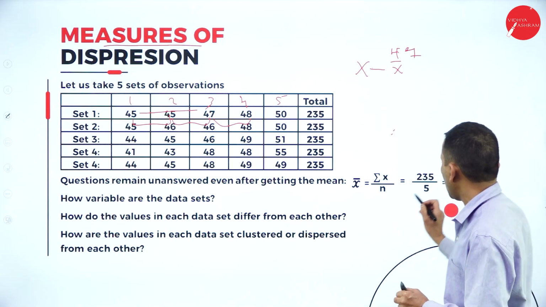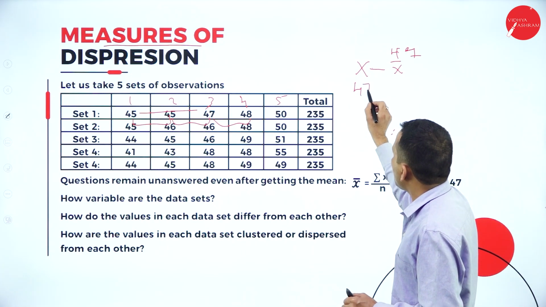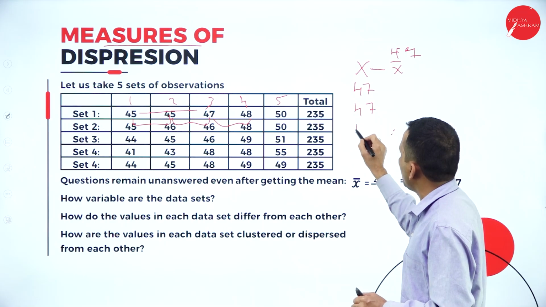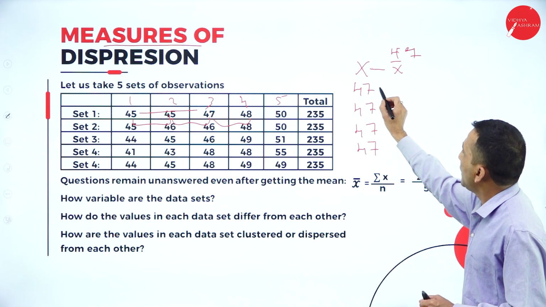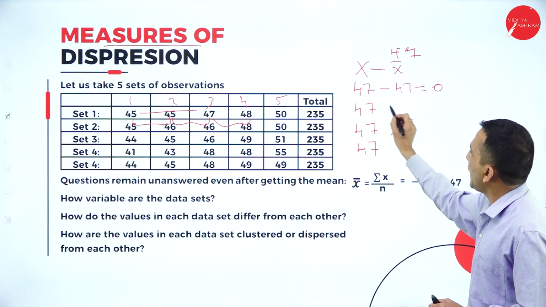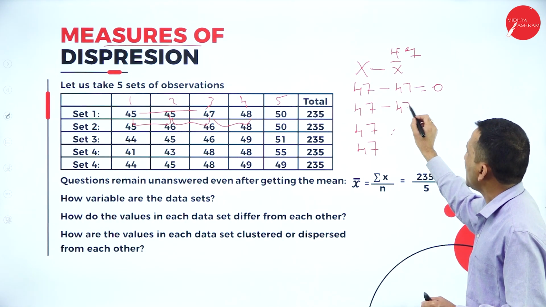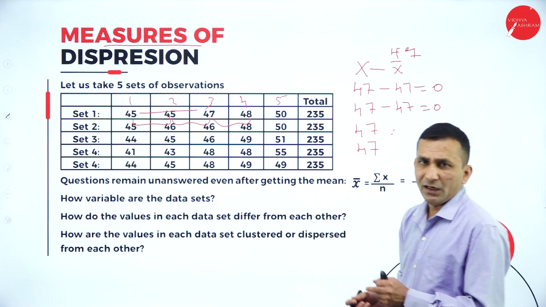The arithmetic mean is 47. Now for example here the X series is also given as 47. There is no variation, right? So X 47 minus 47, the variation will be 0. Again 47 minus 47, the variation will be 0. So in this case we don't have any difference.